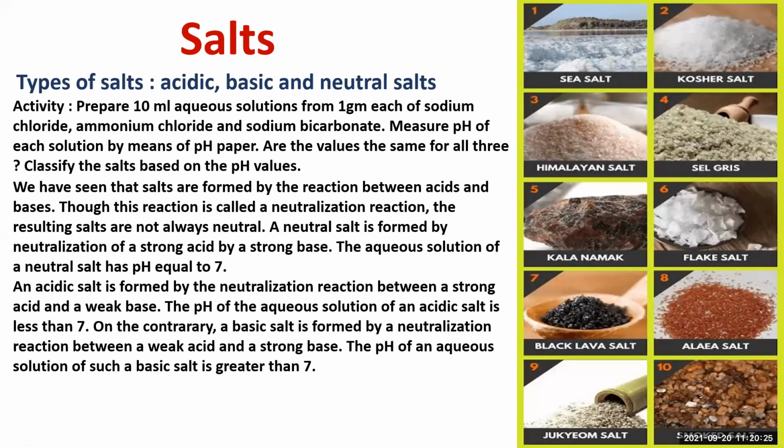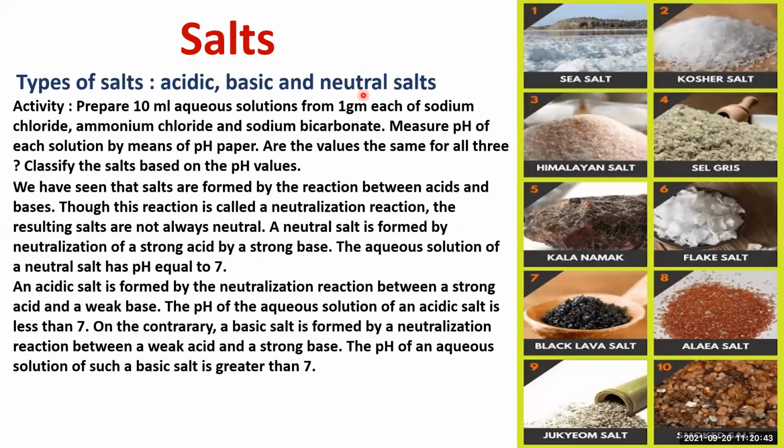When the strength of both acid and base is the same, then we obtain neutral salt. Weak acid, weak base gives neutral salt. Strong acid, strong base gives neutral salt.